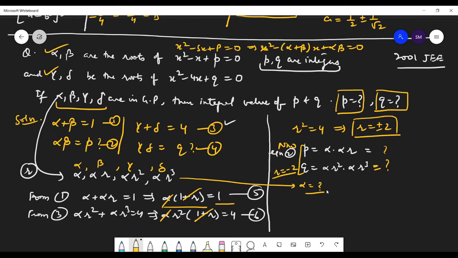How will you find the value of alpha? By using the first equation: alpha plus beta is equal to 1. Beta can be further written as alpha r, then alpha plus alpha r is equal to 1. Putting the values plus 2 and minus 2, alpha comes out to be 1 by 3 or minus 1.